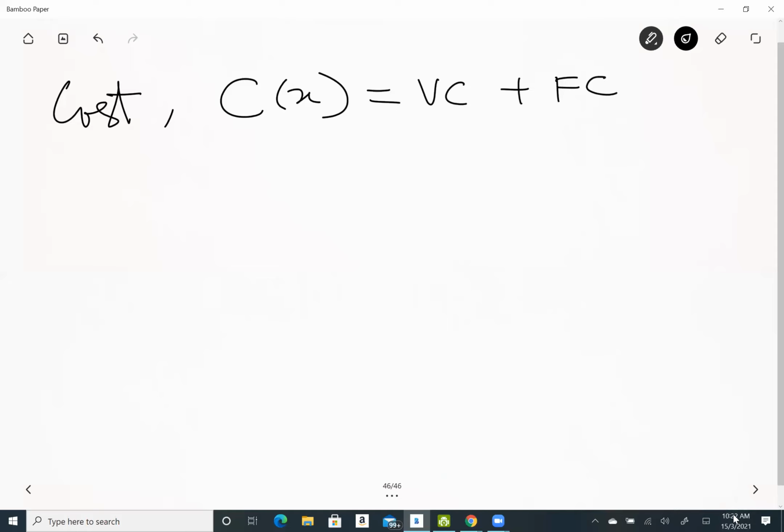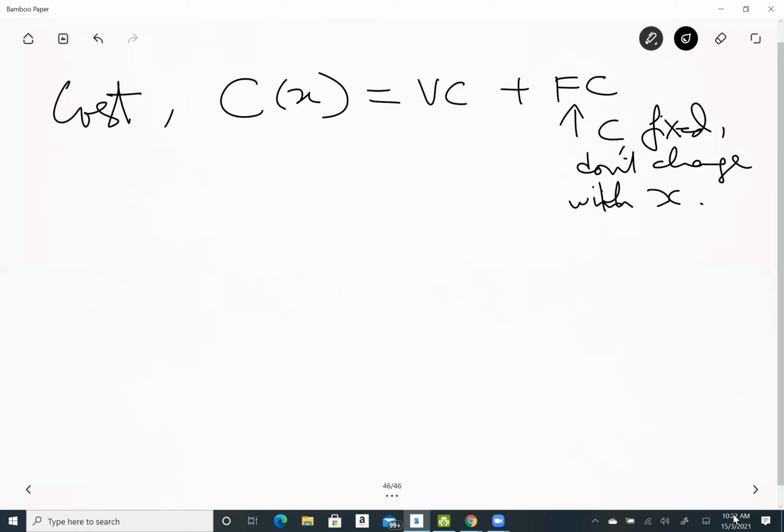The fixed cost here does not change with your output. The cost that is fixed or constant doesn't change with output. If you produce 0, or you produce 20, or you produce 1,000, you still incur the same cost.